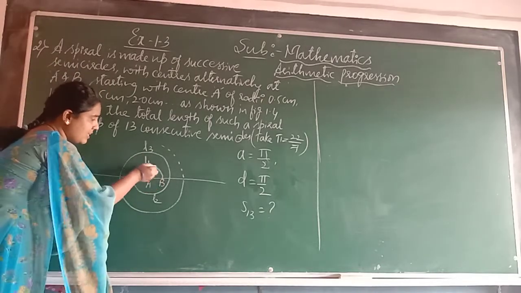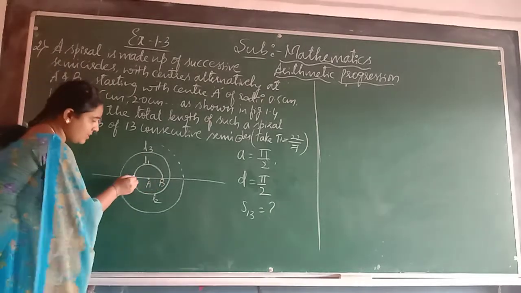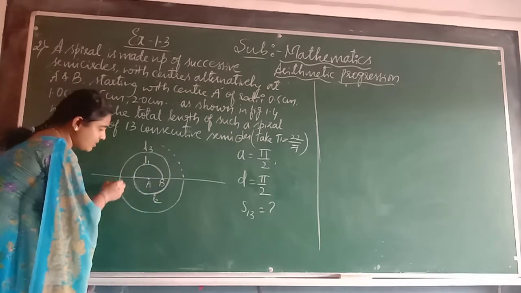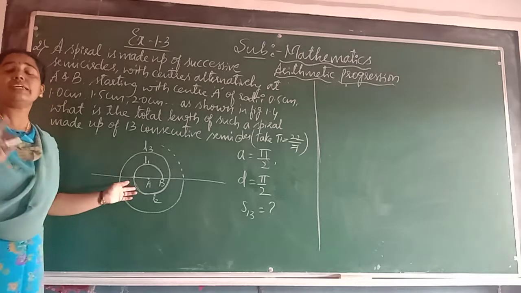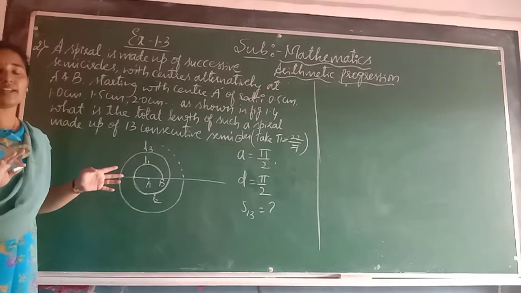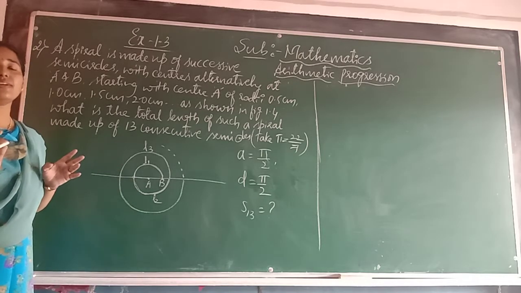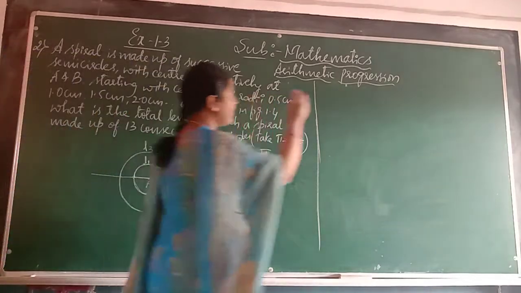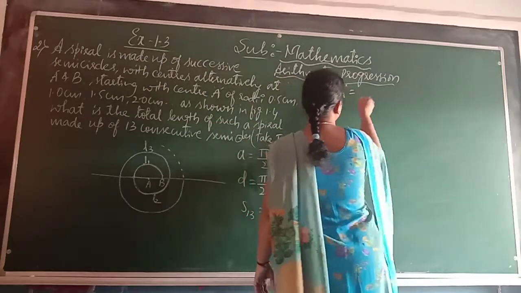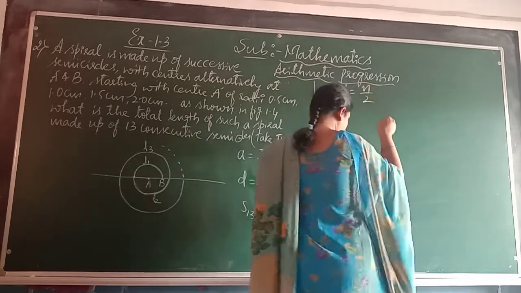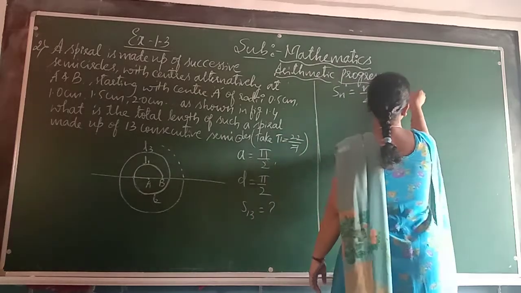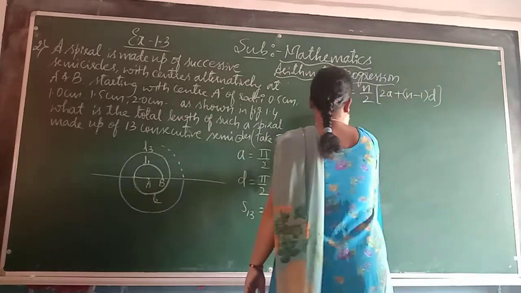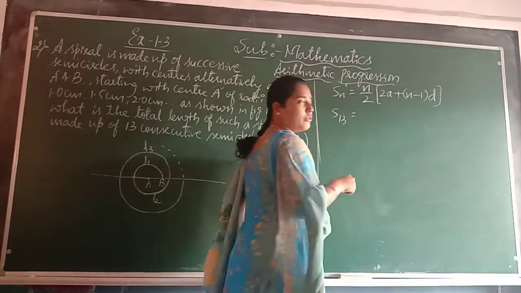It is the length of the first semicircle, it is the length of the second semicircle, like this, third, fourth, like this. 13 semicircles are there. That total length of 13 semicircles we have to find now by using the Sn formula. Sn is equal to n by 2 into 2a plus n minus 1 into d. Now, S13 we have to find.